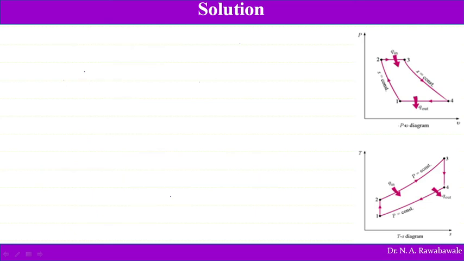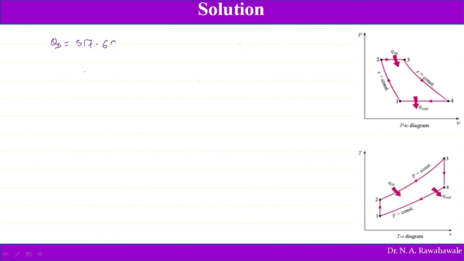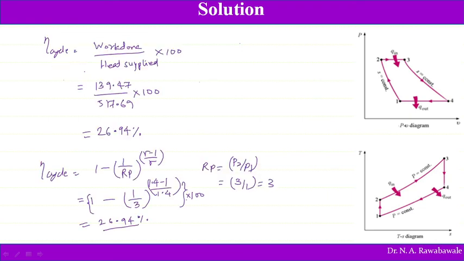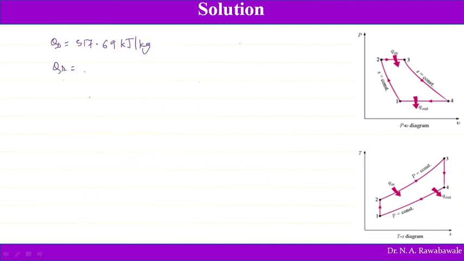Now we'll have the summary. Heat supplied Qs is equal to 517.69 kilojoules per kg. Heat rejected QR is equal to 378.22 kilojoules per kg.